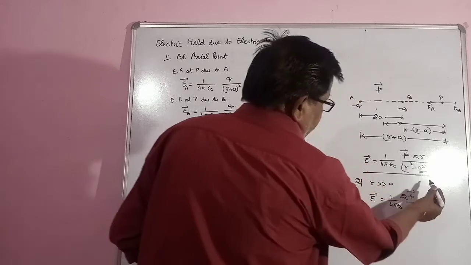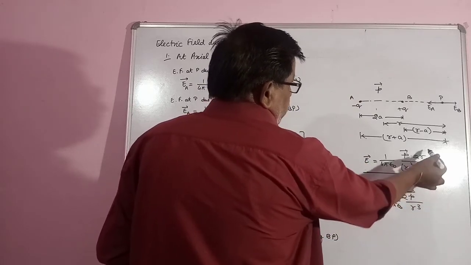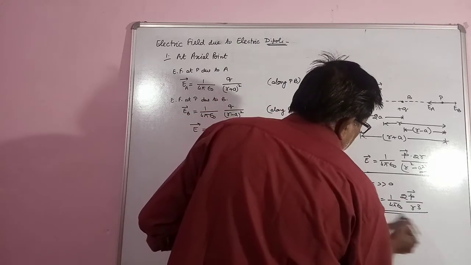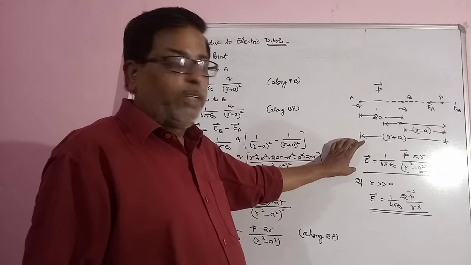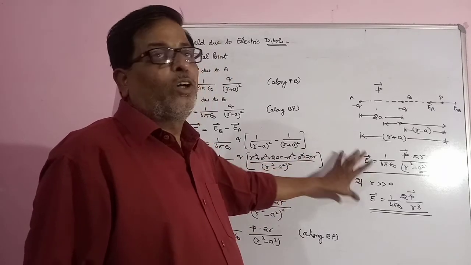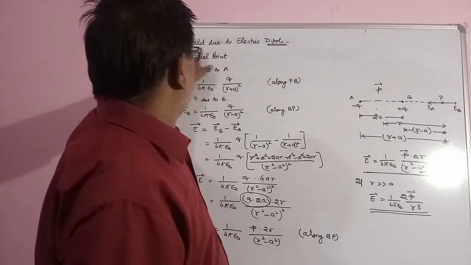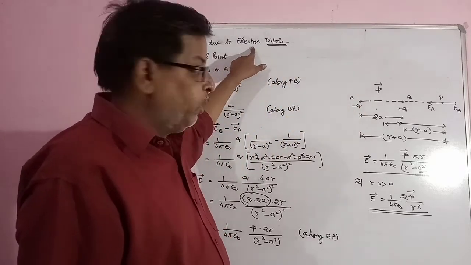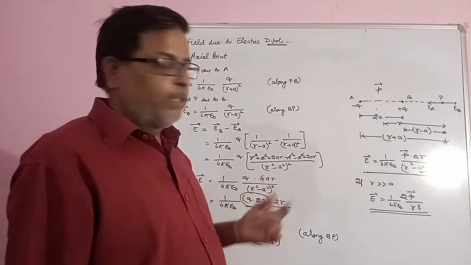One R will be cancelled out, R to the power 4 and R to the power 1. This is the normal case, and this is the special case. So these are two results of electric field at axial point due to electric dipole. So the axial point is completed.